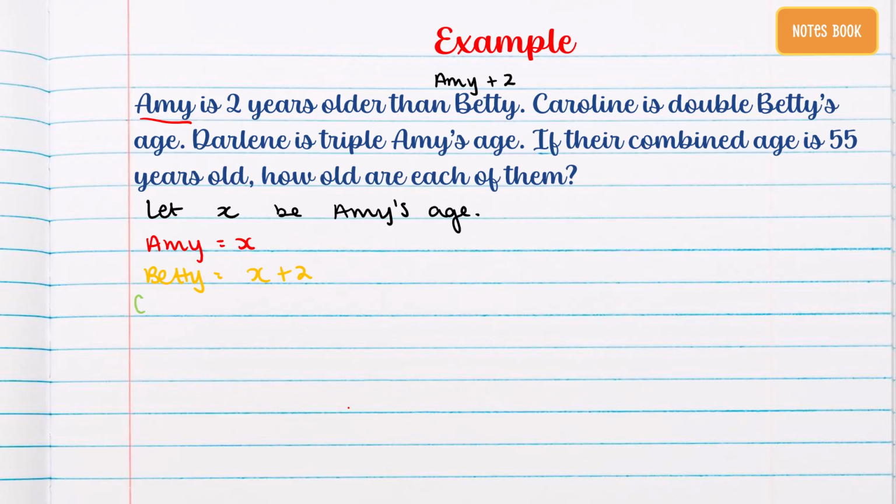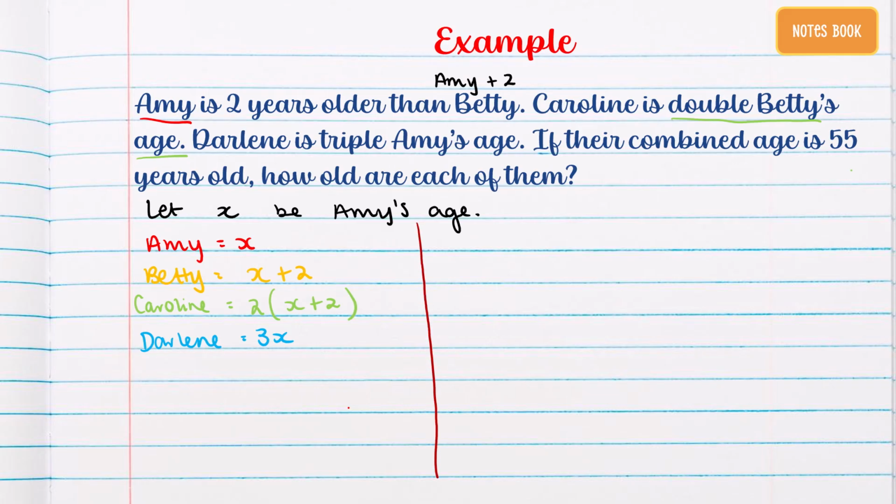Then we've got Caroline. Now, Caroline is double Betty's age, all right? So she's double Betty's age. So I'm going to double X plus 2, okay, using brackets like we have before. Then lastly, we've got Darlene, who is triple Amy's age. Okay, so these are currently the ages we are working with.